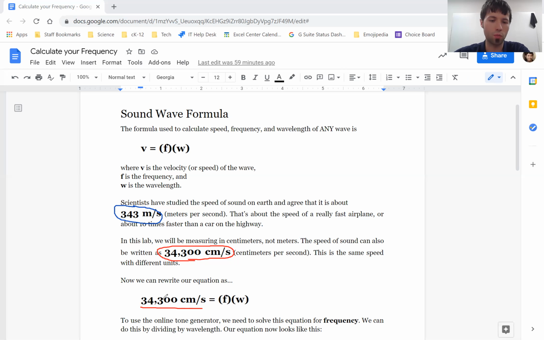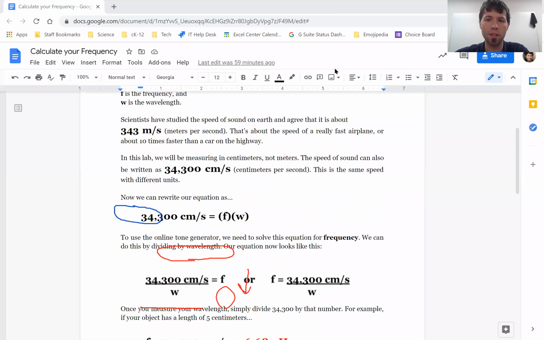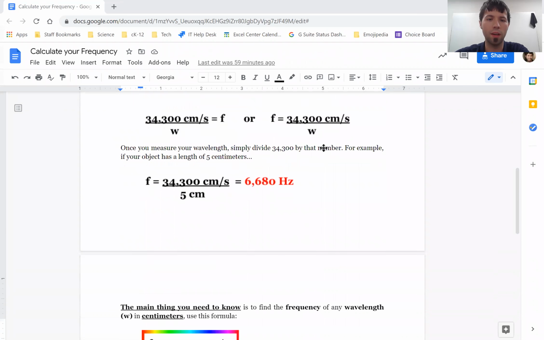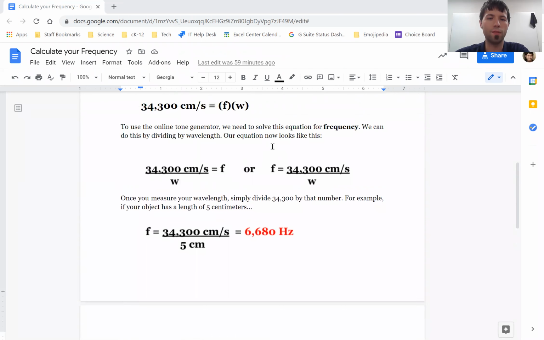So all I've done so far is just to replace that first letter for the value that we know it to be. Okay, now in this lab, you're going to be collecting data for wavelengths, and you're trying to solve for frequency. So we need to rearrange this equation a little bit. Let me clear off my annotations here. Okay, we're going to rearrange this equation by dividing.